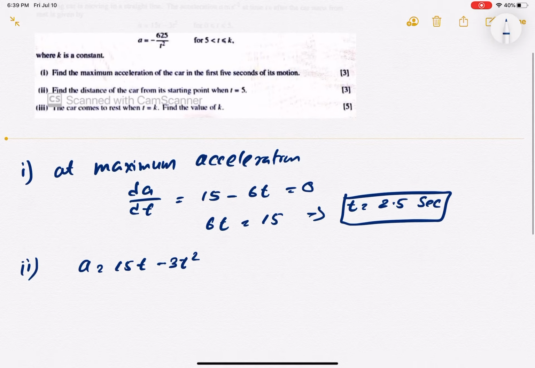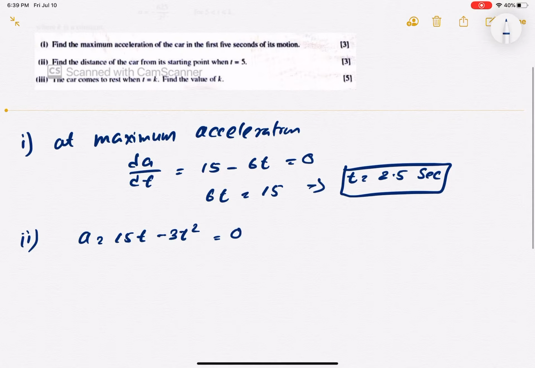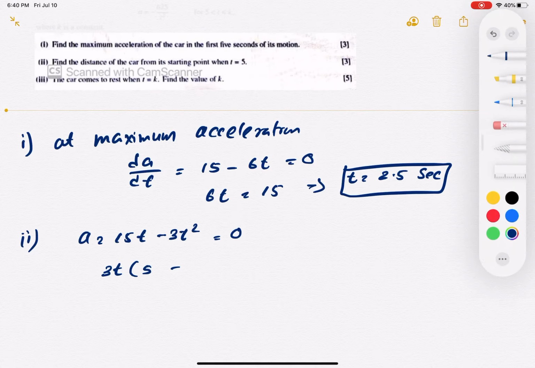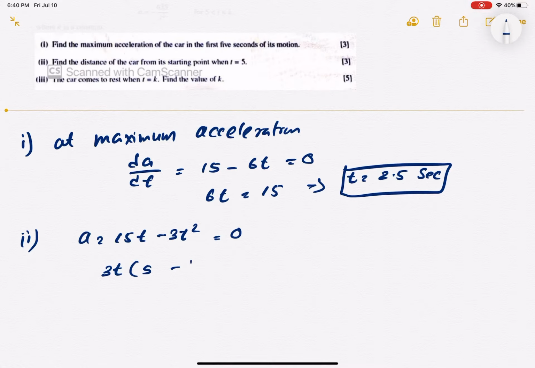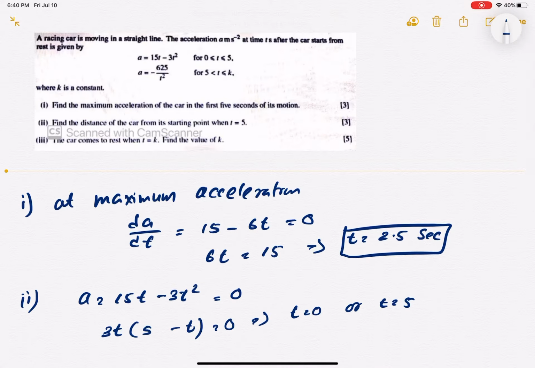When the acceleration direction changes, it will be instantaneously 0, which means when we take 3t out, it becomes 5 minus t equal to 0, which indicates t is 0 or t is 5 when the acceleration changes its direction. So that means within the first 5 seconds, the displacement is same as the distance traveled.